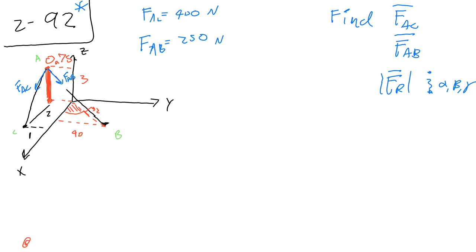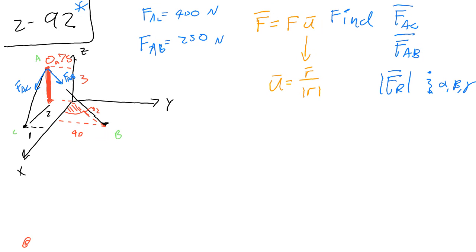We can write out force as its magnitude times the unit vector u. This unit vector u is equal to the position vector divided by the magnitude of that position vector. Okay, that's all it is.